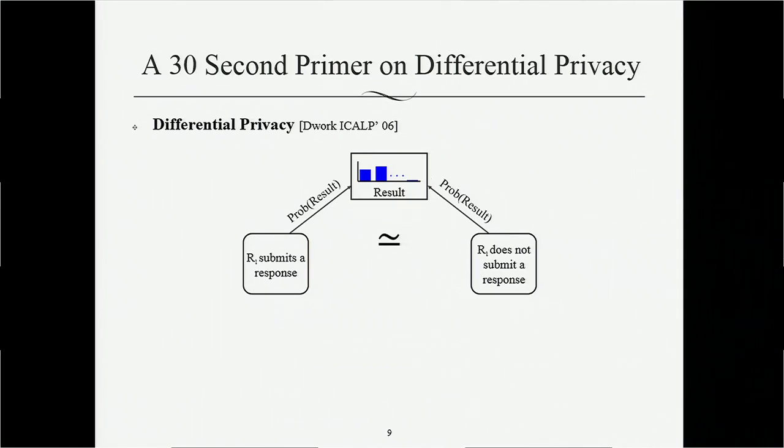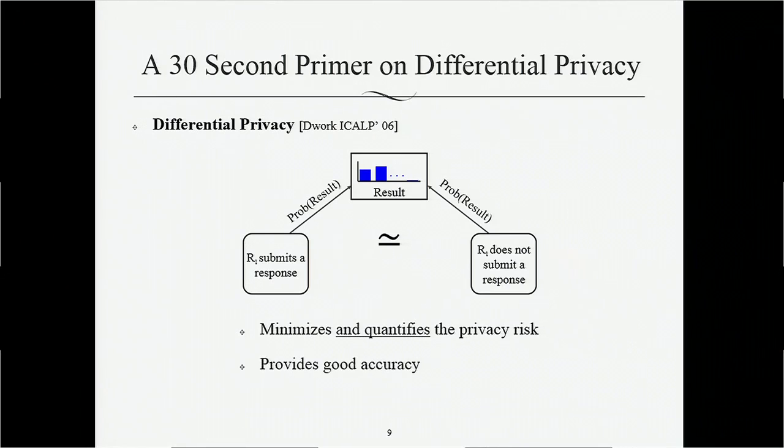Irrespective of whether a relay submits a response or not, the probability of this being the result is almost the same. So it minimizes and quantifies the privacy risk. It provides good accuracy. And moreover, as you can see, we have not made any assumption on the computational capability or the knowledge of the attacker.